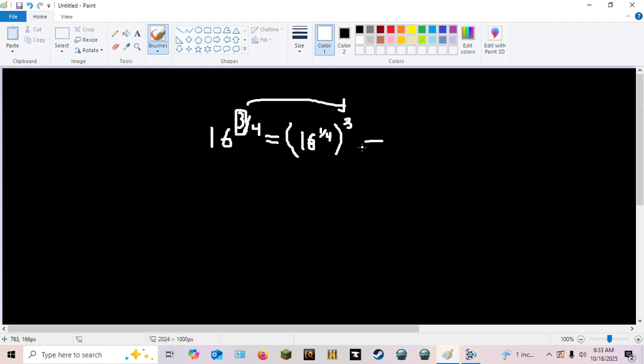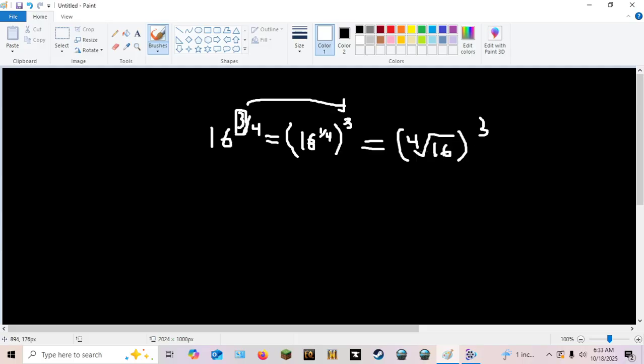So this actually equals the 4th root of 16, okay? You gotta evaluate what's in parentheses. Because if you multiply 1/4 by 3, it's gonna take you back to 3/4, so you don't wanna do that.